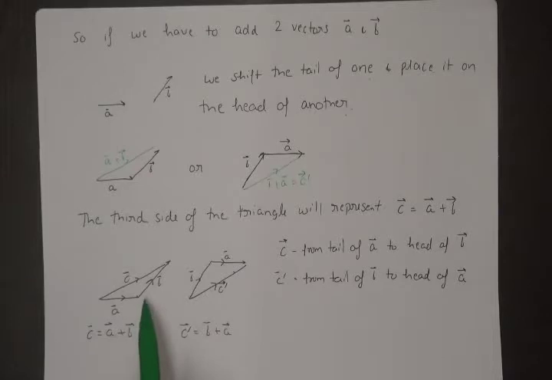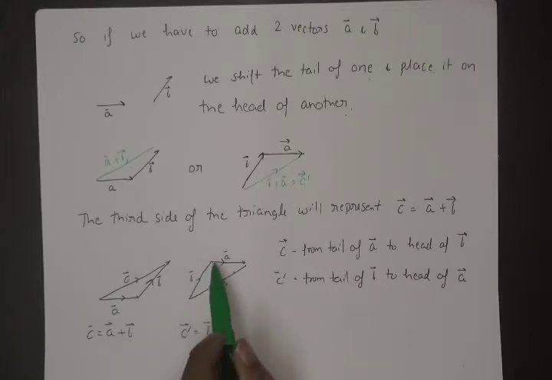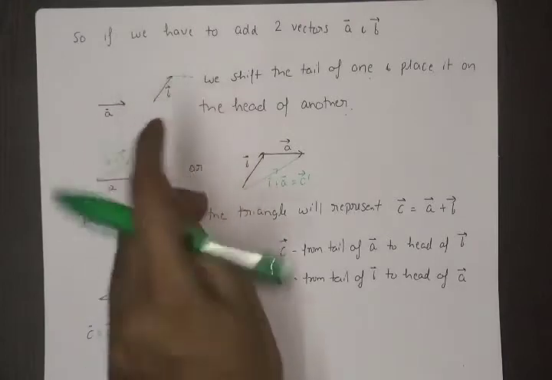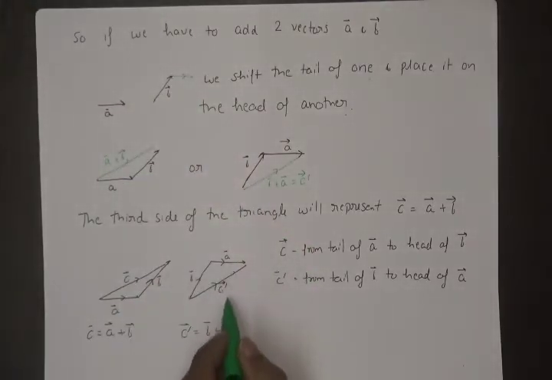So in the first case we have moved the tail of B over the head of A and we get this vector C vector. C vector is equal to A vector plus B vector. In the second case we have taken the tail of A and shifted it on the head of B and we have got this vector C dash vector, which is equal to B vector plus A vector.